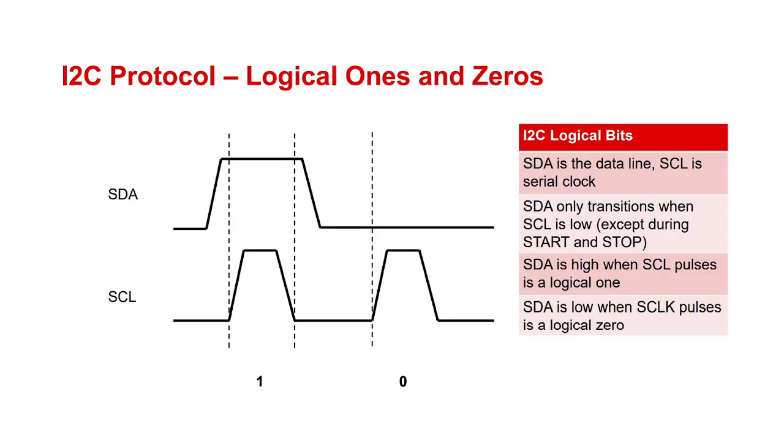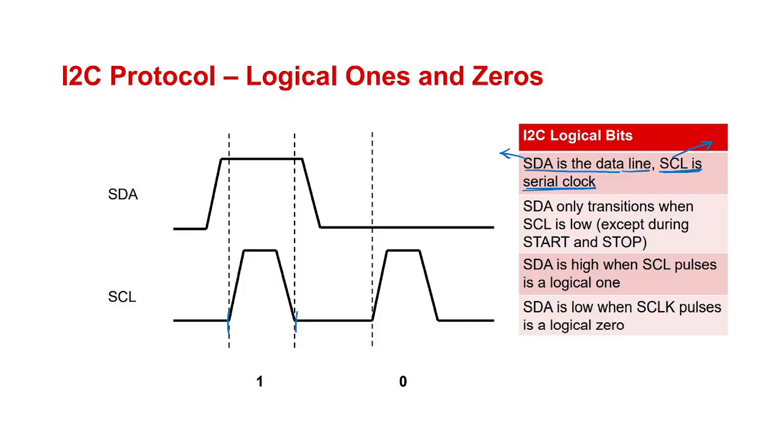Here, SDA is the data line and SCL is the serial clock line. We know that SDA is bidirectional, and the serial clock line goes from master to slave. SDA only transmits data when SCL is low.